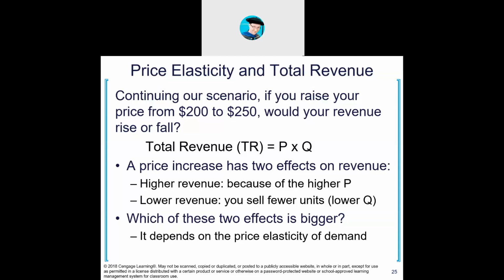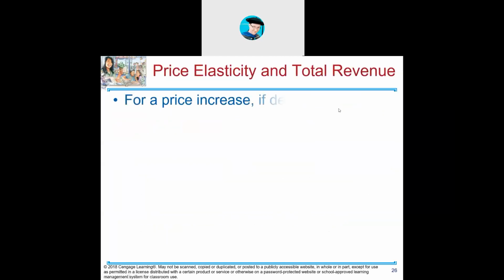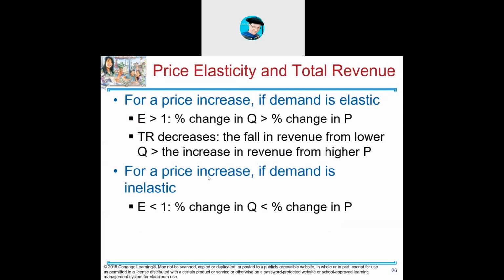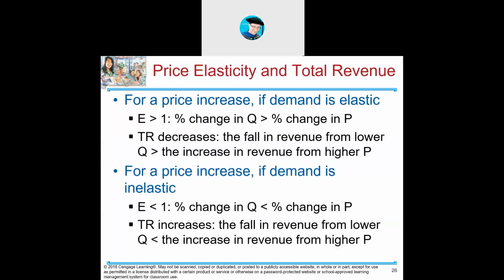So which impact is bigger? Well, it depends on the price elasticity. If the elasticity is greater than 1, the percent change in the quantity is greater than the percent change in price.